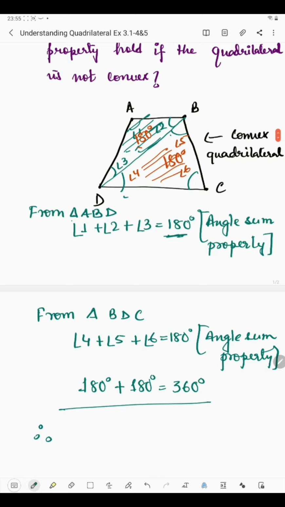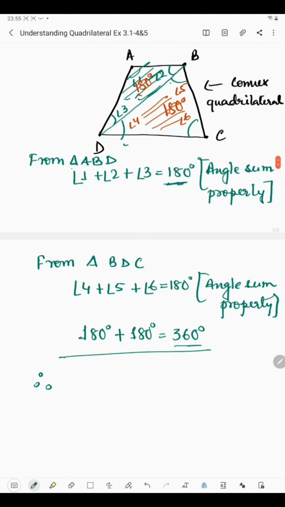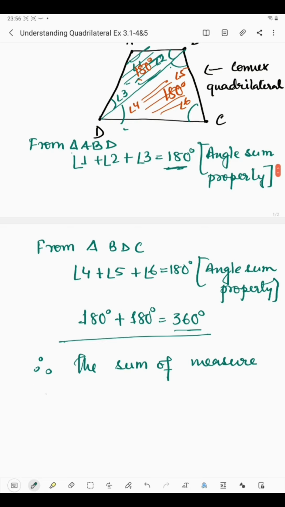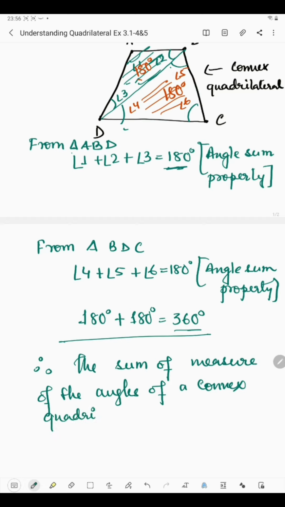Now if you find the sum of this, you will get 360 degrees, and this is the sum of the measure of the angles of quadrilateral ABCD. So here we'll write the sum of measure of the angles of a convex quadrilateral is 360 degrees.